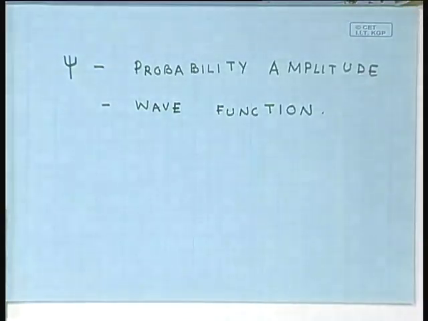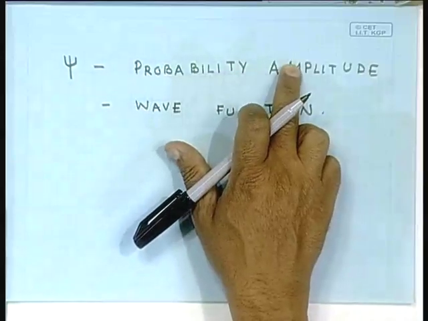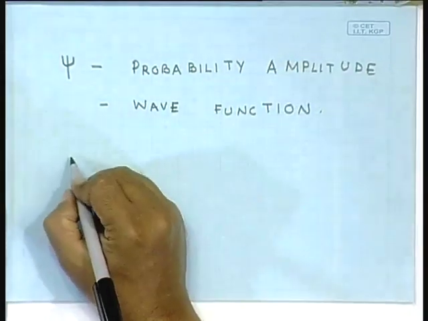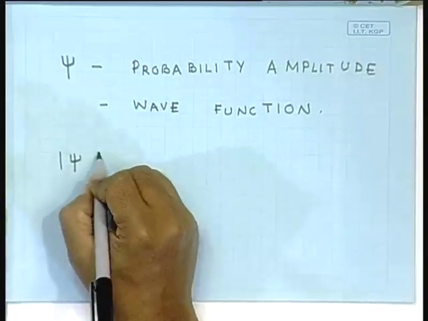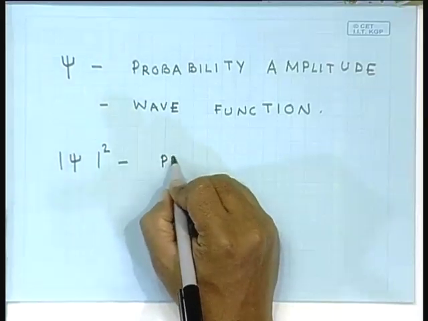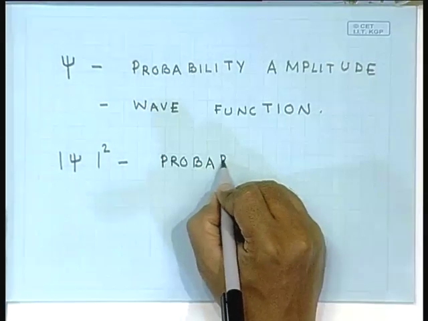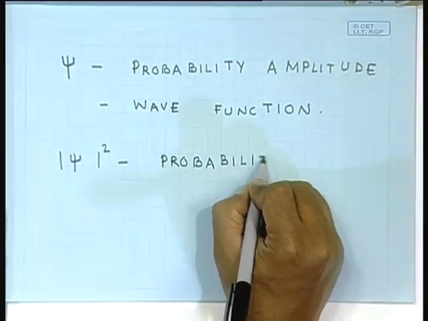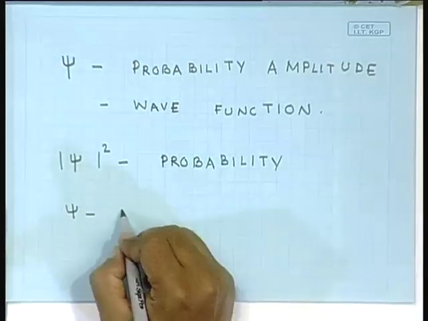And the probability amplitude is defined in such a way that the modulus square of this gives the probability. Psi itself is necessarily complex.